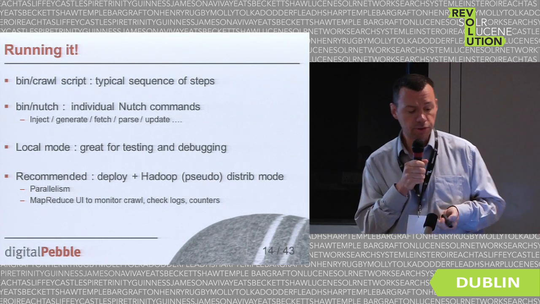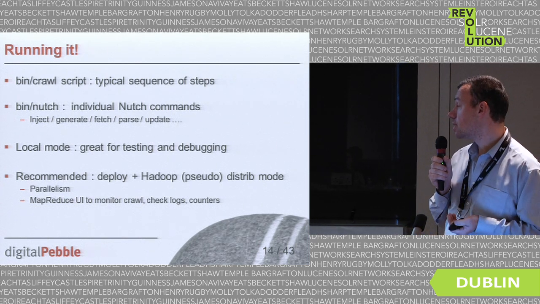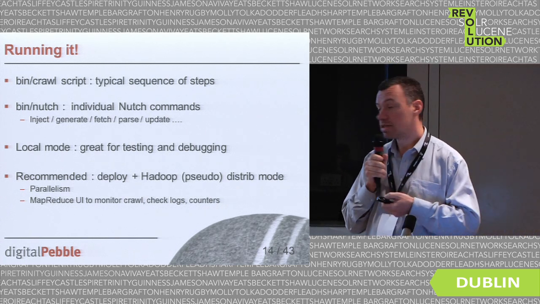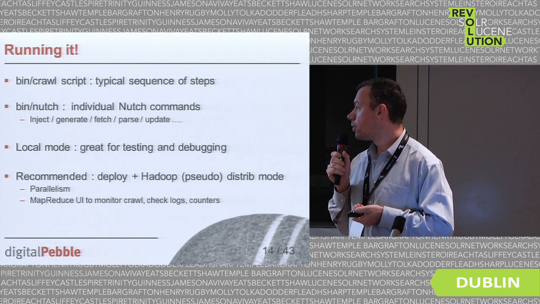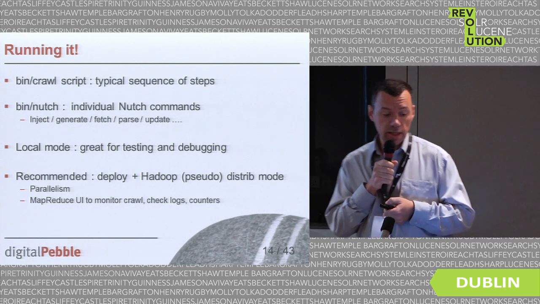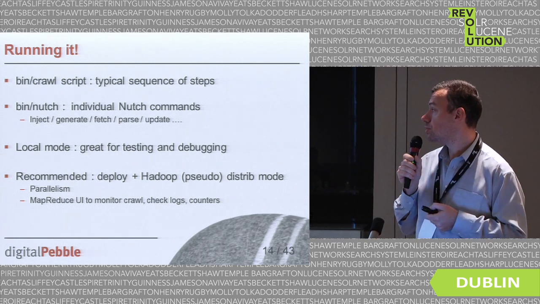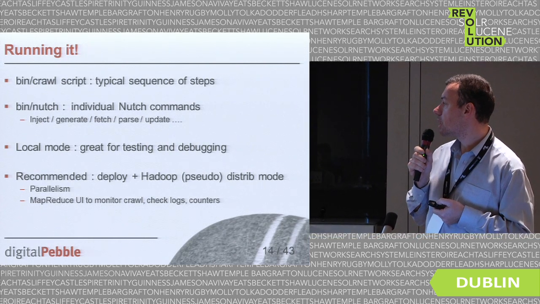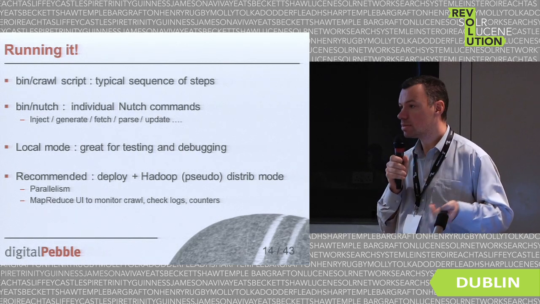As I mentioned earlier, the local mode is great for testing and debugging, but what I really recommend is to use it in deploy mode, even if it's on a single node, just set up Hadoop as a pseudo distributed cluster and use the deploy directory. Why? Because you have a proper Hadoop setup, so you get your mappers and reducers running in parallel, so things run much faster, and also you can use the MapReduce UI to monitor the crawl, to check the logs, see the counters.